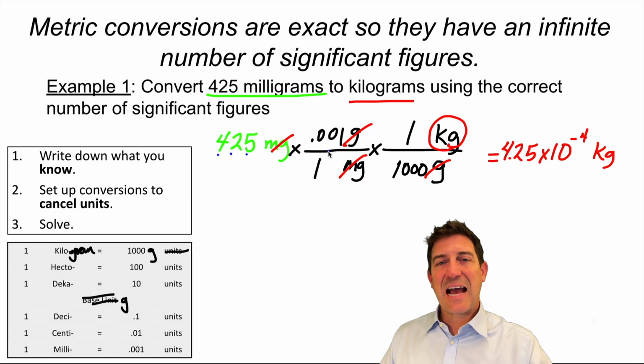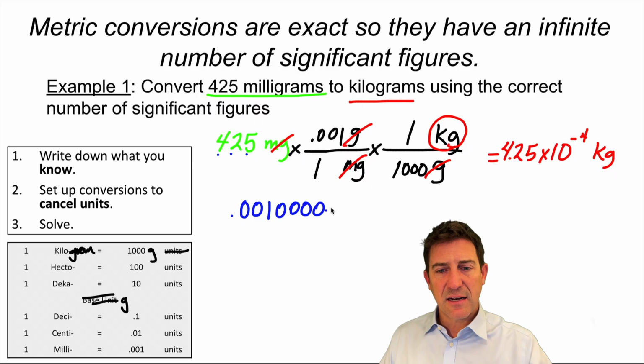This is an exact conversion. There are exactly 0.001. I'm going to make that exact, so that would be zeros. That line over the top means to infinity grams per 1 right here.